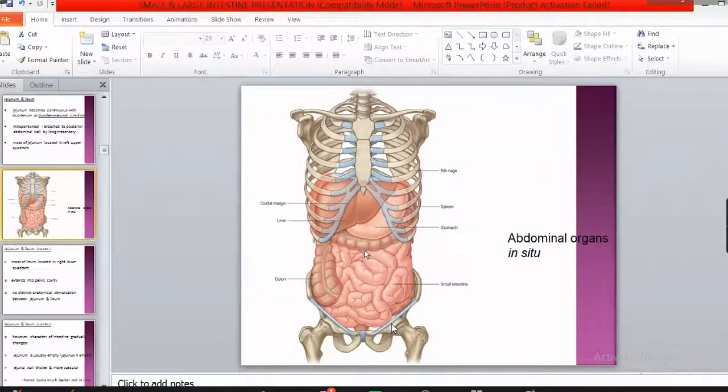The jejunum is mainly superior, and the rest of the intestine continues down into the pelvis. We have the ascending colon with the cecum down here. The sigmoid is on the left and is covered up by the loops, except when there's pathology, obstruction down, and there's distension. It can distend superiorly.